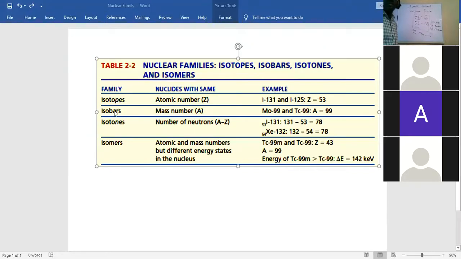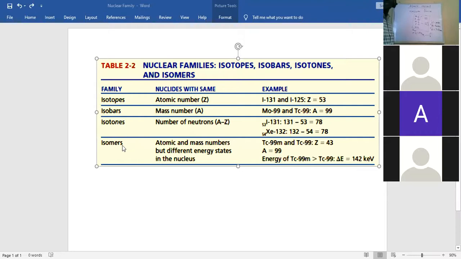The A here denotes the same mass number. And the N here denotes the same number of neutrons. So with that, there shouldn't be any mix-up whenever we come across questions that have to do with distinction between the different nuclides we encounter in medicine, in physics, and so on.